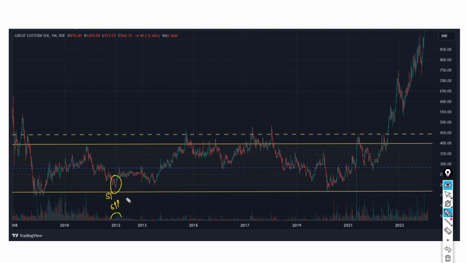So after the first test, another test is conducted and the volumes are again dropped significantly. Comparing volumes here and here, you see a significant drop. There are no volumes at all. So this is the conclusion of the secondary test.